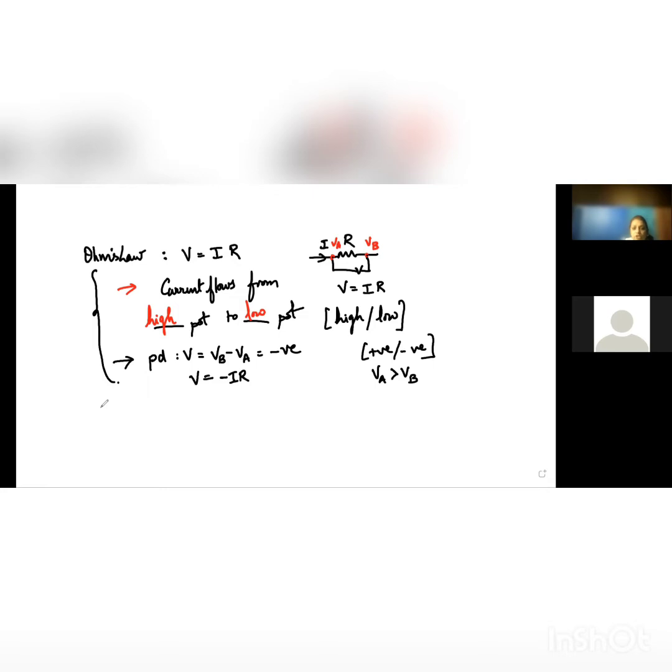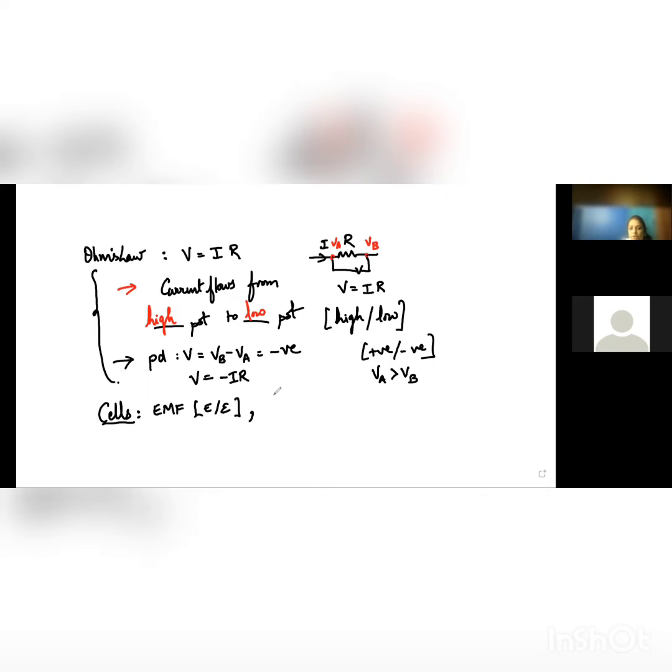So the first topic that we are going to see, of course, I told you we'll be studying about cells. Now, to understand cells, there are certain terms that you need to know. One is the EMF, and then the terminal EMF. I can either use E or epsilon as the symbol.